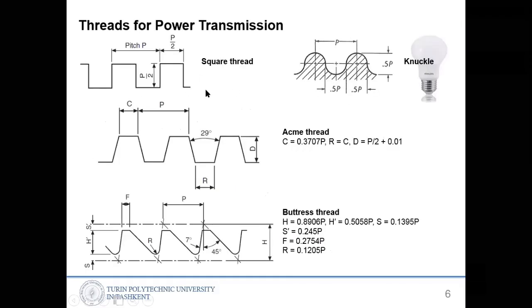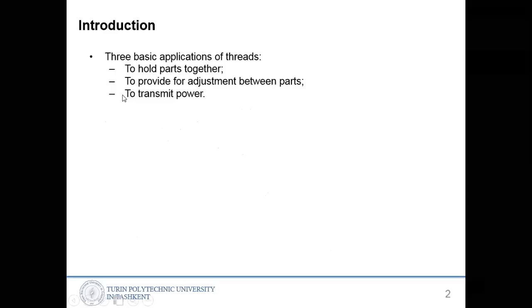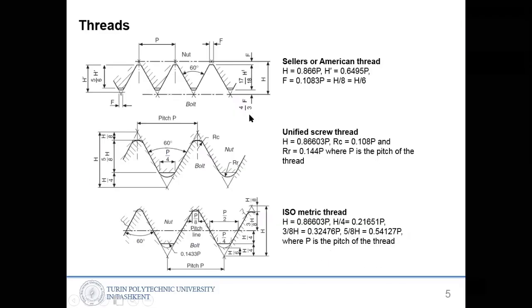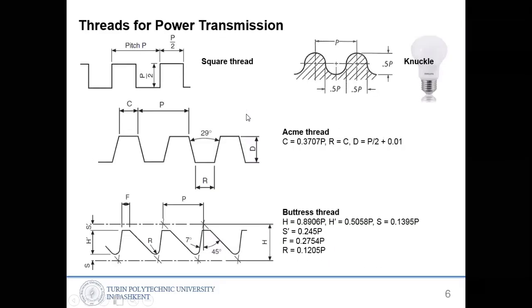As I told you, the third application of the thread is to transmit power, to hold very heavy things or to transfer the power. So we use this kind of threading. Here at the top you can see the square thread or Acme thread.